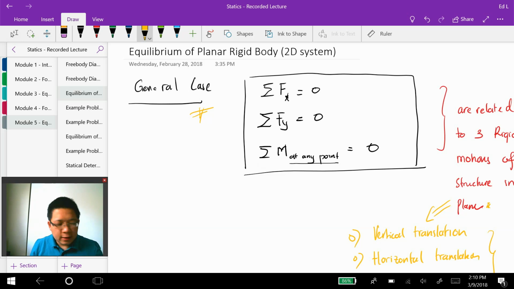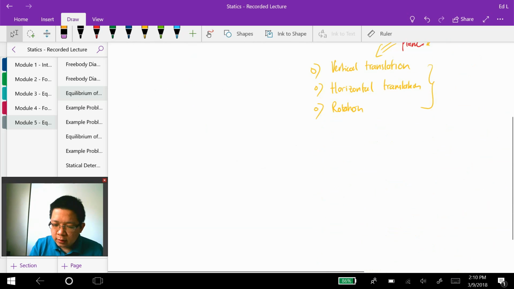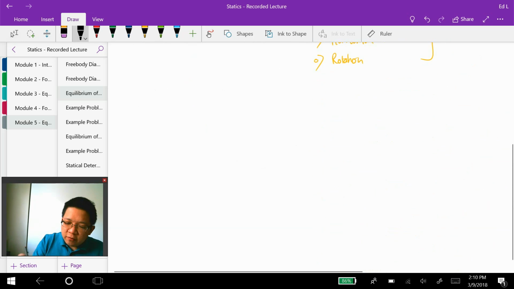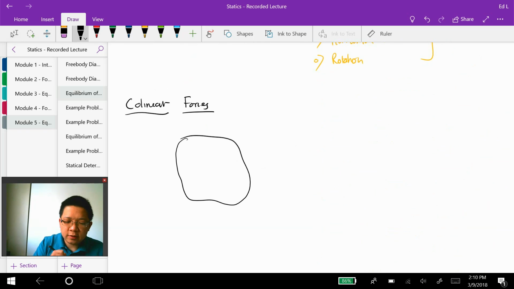Then there are some specific cases, and I would like to lay them out here. For example, we have a body, a structure, and let's say we have a line, and the forces acting on that body are collinear.